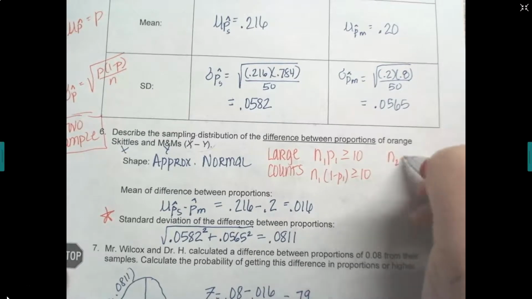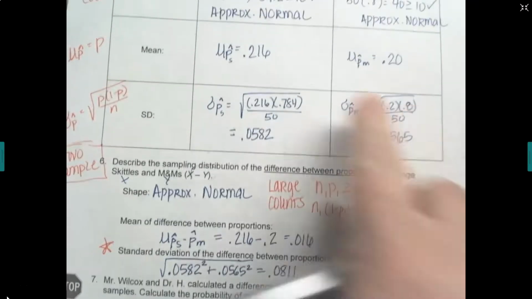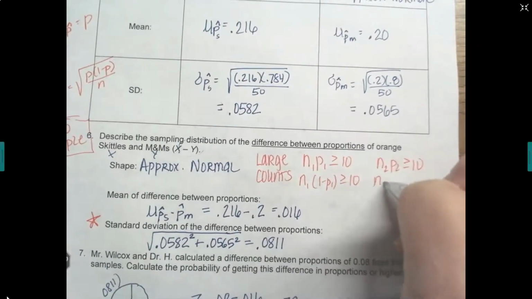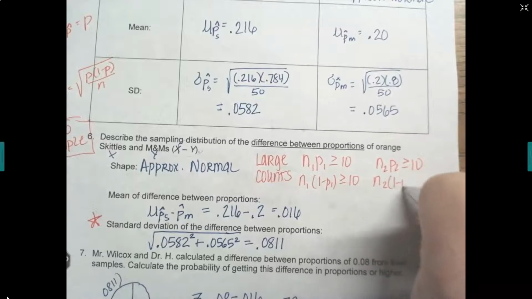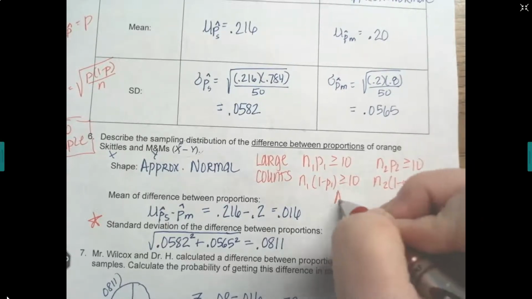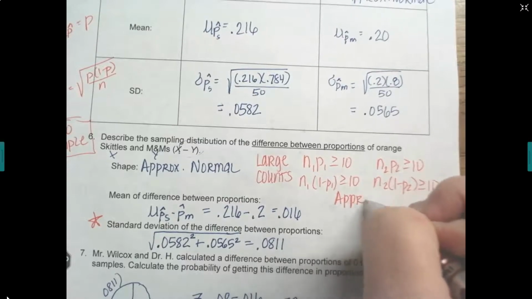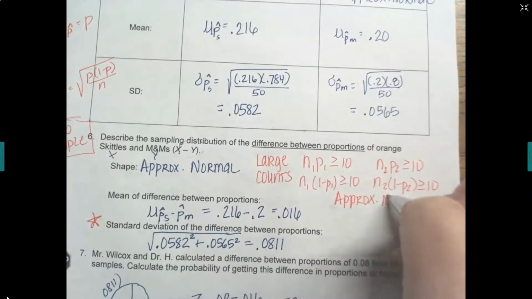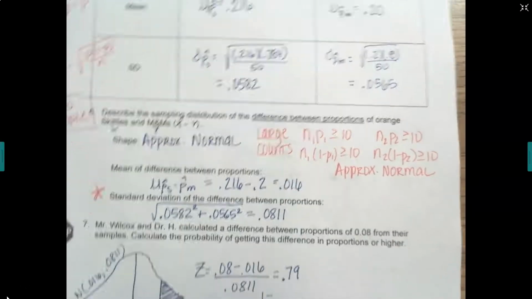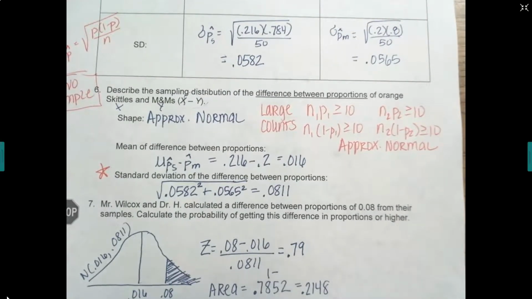And you do the same thing for the second sample. So it's really combining these two that we did up here together. All four of those have to be true for this to be considered approximately normal. Okay. So our mean we did just fine there.